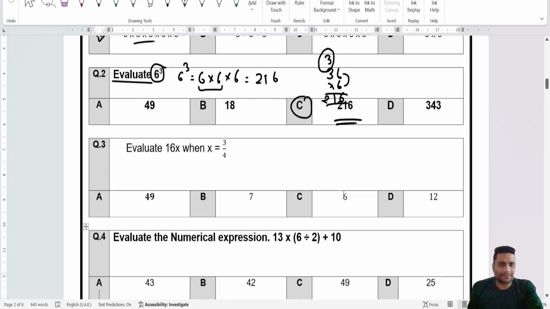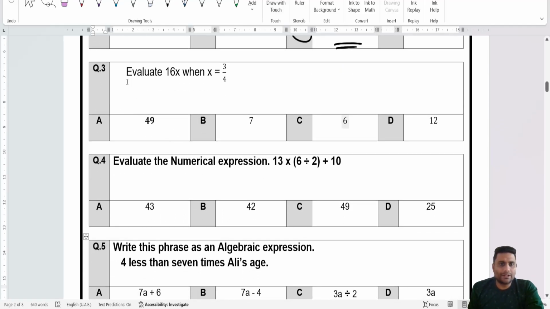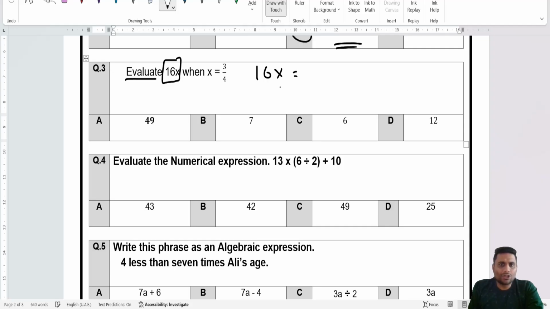Now, next, evaluate again. He says evaluate again. Evaluate what? 16x. Now, to solve this, we need the value of x.